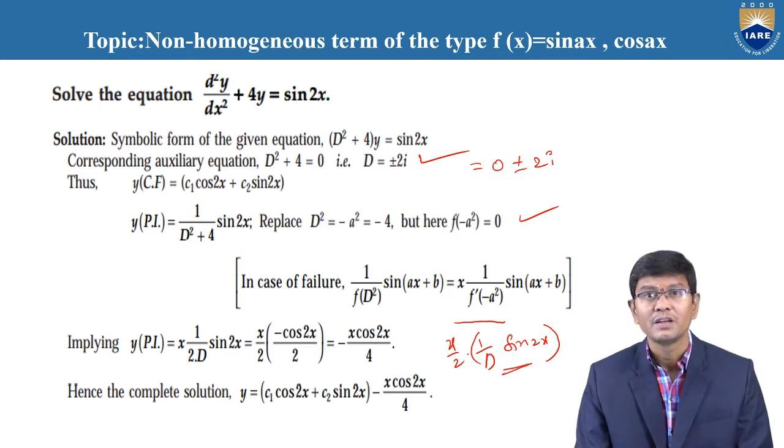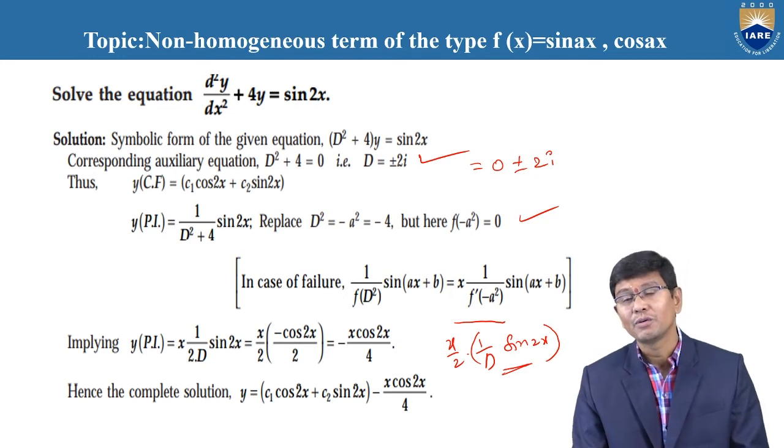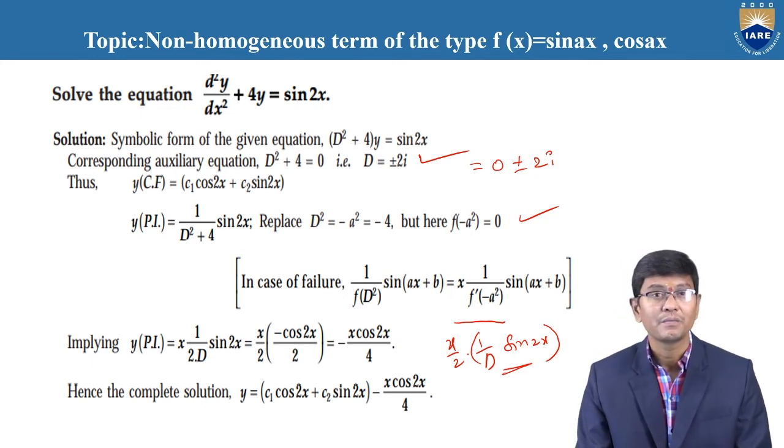Therefore, the solution is minus x by 4 into cos 2x.